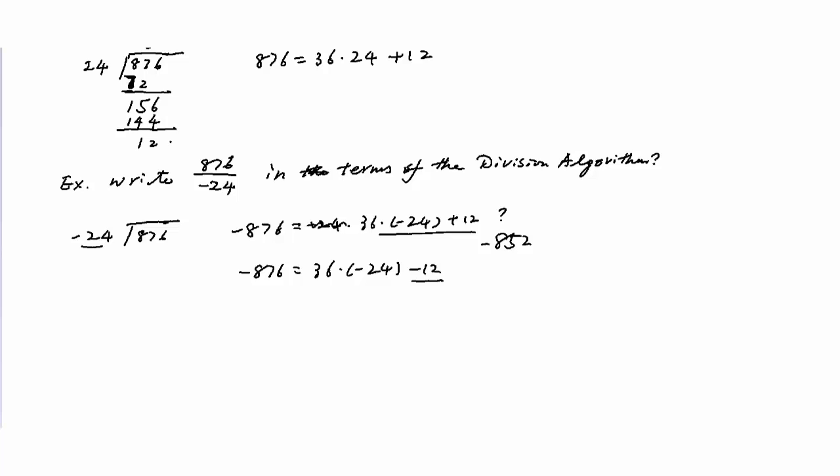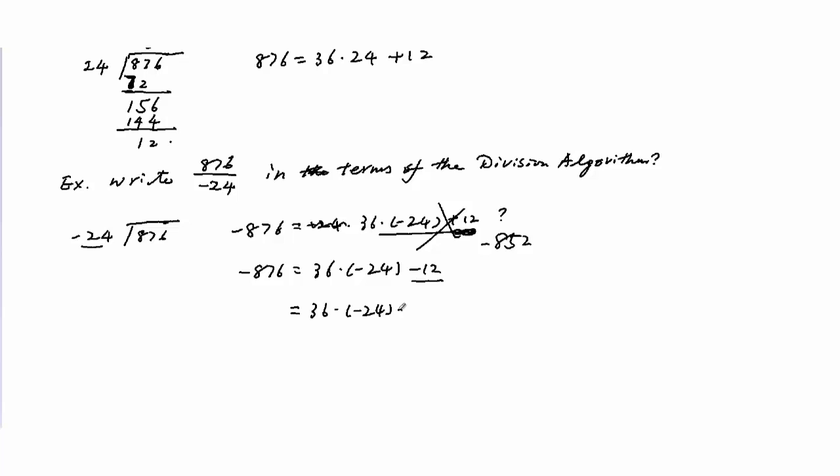So to do that, what you should do actually is 36 times negative 24, and then this is 12. That's the remainder by the calculation here. But we want to, sorry, this is wrong. So we write this one as negative 12.